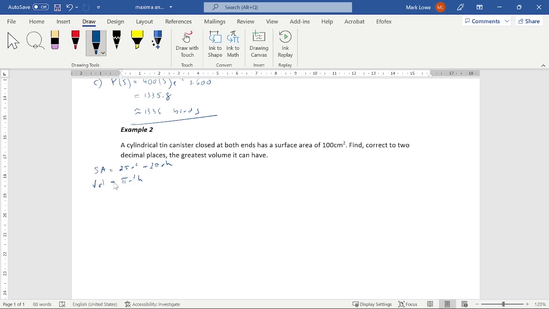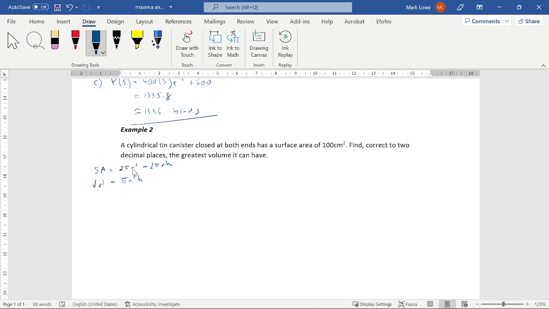The issue here is that our volume formula is in terms of two variables, radius and height. We can't differentiate volume with respect to two variables. We can only do it with respect to one variable. So we need to eliminate the height or radius or something like that, so that we've just got it in terms of, say, the radius only.